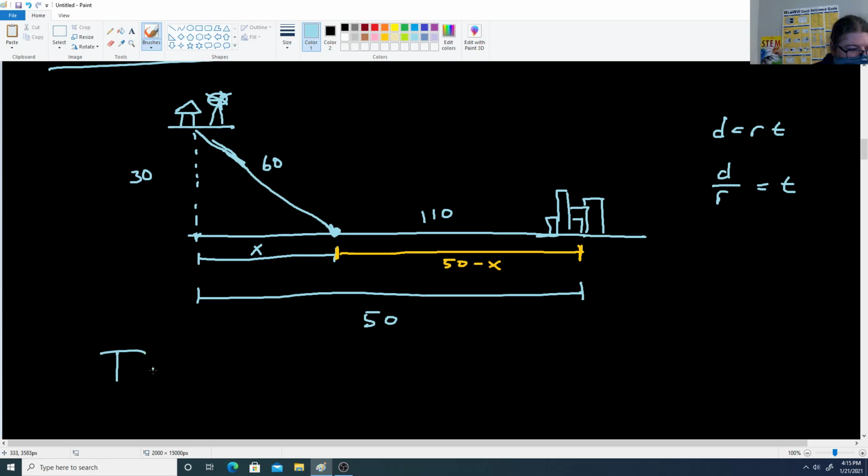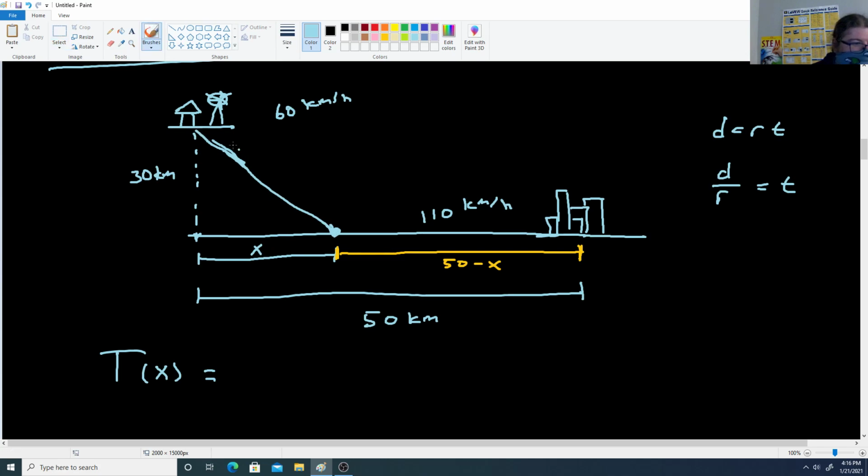So we'll say capital T of X, this will be the time equation, depending where X is. We should be a little careful here. This is kilometers, this is kilometers, this is kilometers per hour, this is kilometers per hour. So distance-wise, this is X kilometers, this is 30 kilometers.